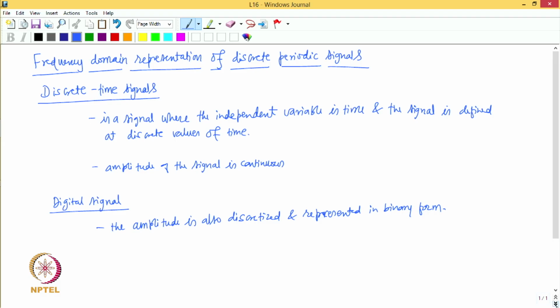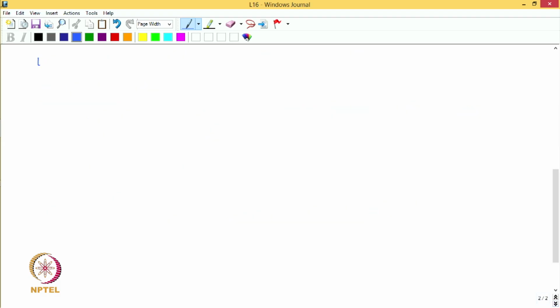So, now let us see what is DSP, what is discrete time signal processing. It is also sometimes referred to as digital signal processing. In discrete time signal processing, basically the analog signal is discretized and then the discrete version of the analog signal is processed.